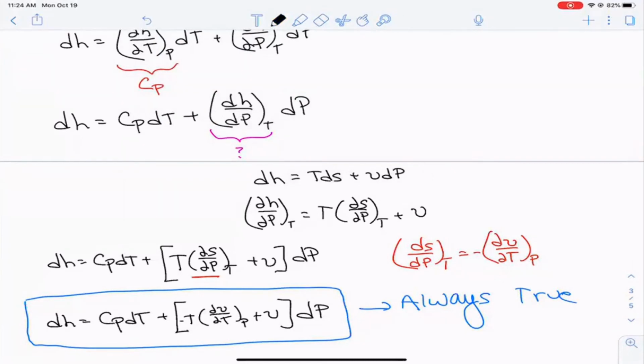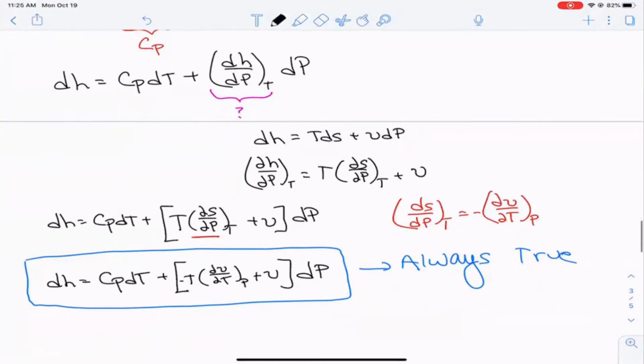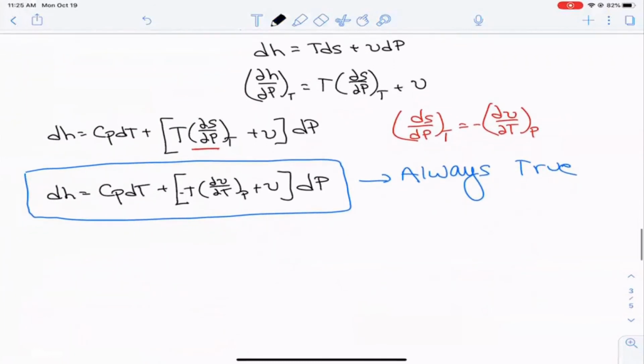So now let's make the same assumption that we made just a moment ago, that we're dealing with an ideal gas. And so just like we did before, for an ideal gas we want to find what (∂V/∂T) is.